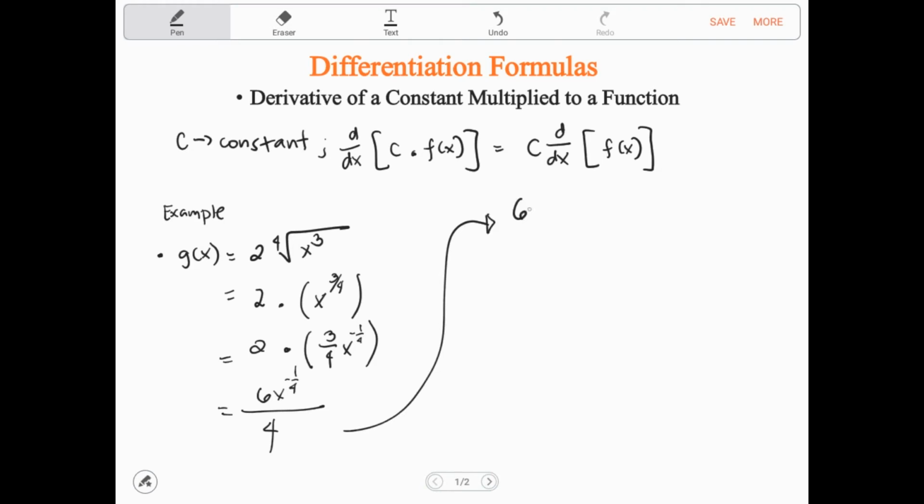We'll rewrite it. We can transfer x to the power of negative 1/4 in the denominator. So it's gonna be x over 4 times x to the power of 1/4. Or we can rewrite it as 6 over 4 times the 4th root of x.